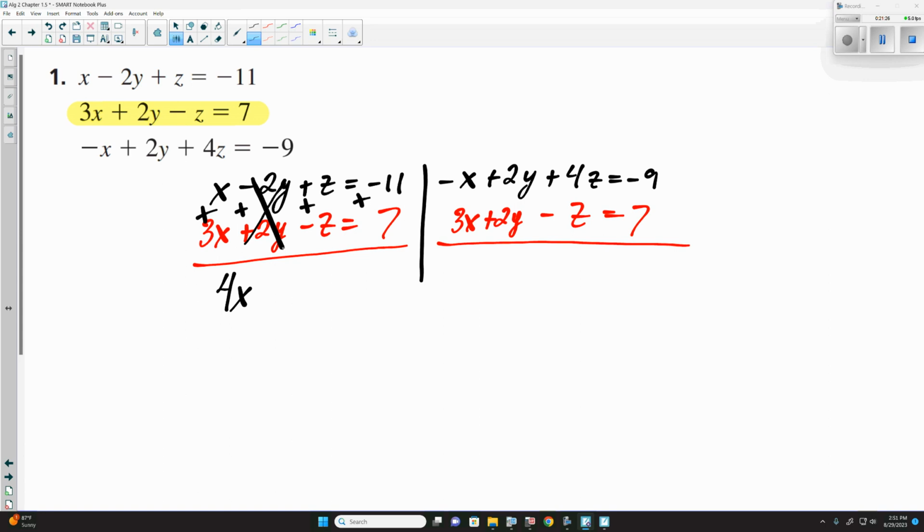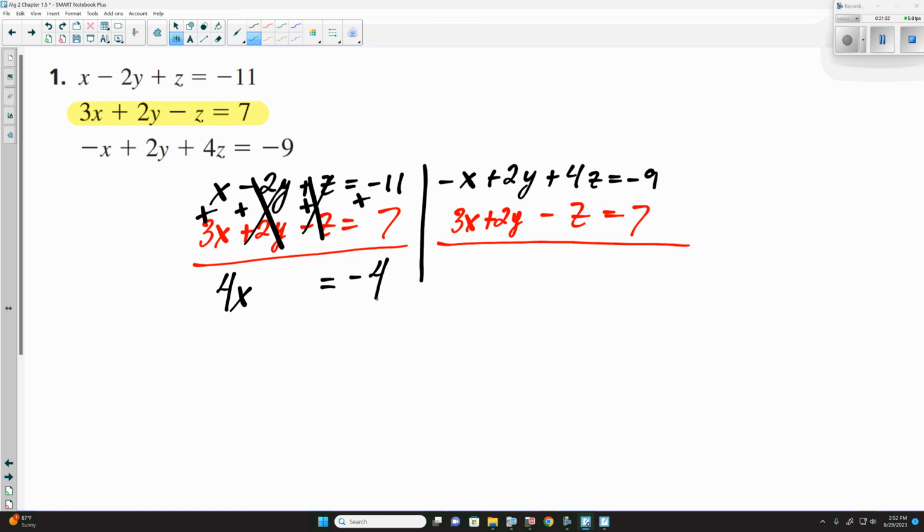Because that does work, negative 2 plus 2. Lastly, z plus negative z. And negative 11 plus 7 is negative 4. So we have 4x equals negative 4, yes?